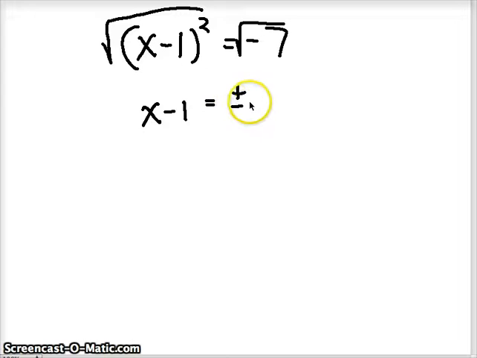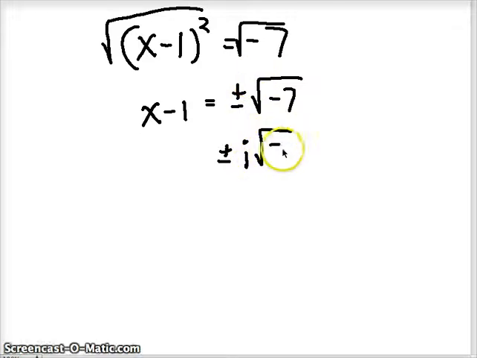And that leaves plus or minus the square root of negative 7. Well, let's rewrite that as i on the outside, plus or minus in front. The square root of negative 1 is i, and I just took that out. And then I can rewrite it as plus or minus i times the square root of 7. We still have x minus 1 on this side. So if we just add 1 to both sides, we're done.